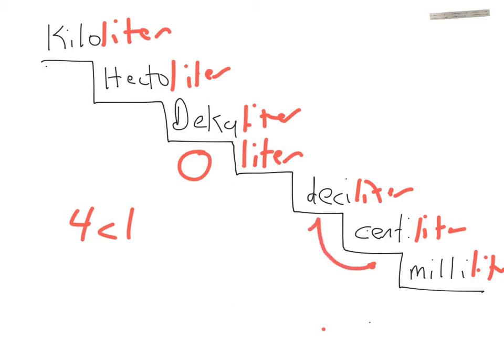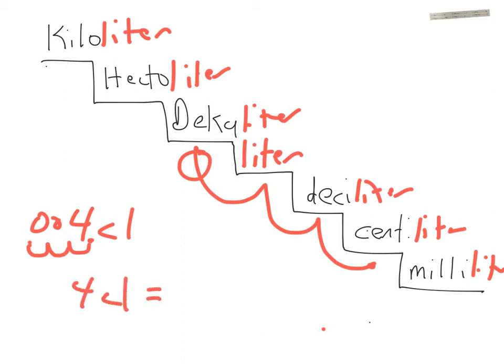I have to move 1, 2, 3, and I'm moving to the left. So I'm going to take my decimal, 4 centiliters, 1, 2, 3 spots to the left, put my decimal there and fill them with zeros. 4 centiliters is equal to 0.004 decaliters by simply moving the decimal.